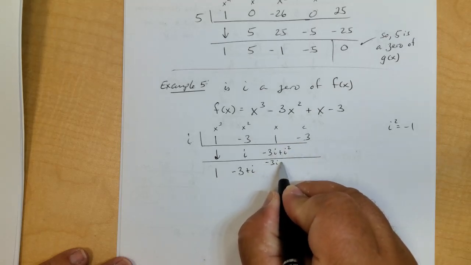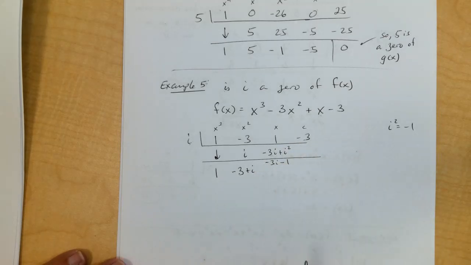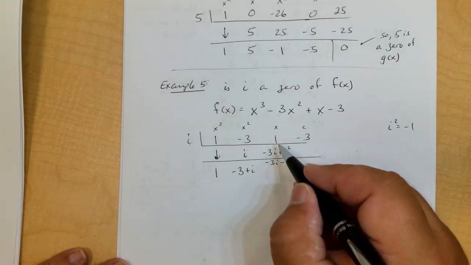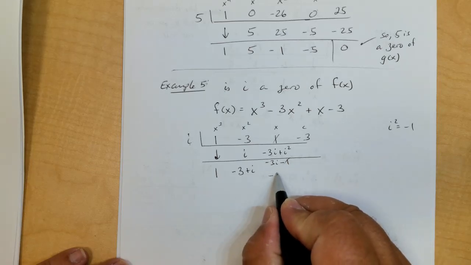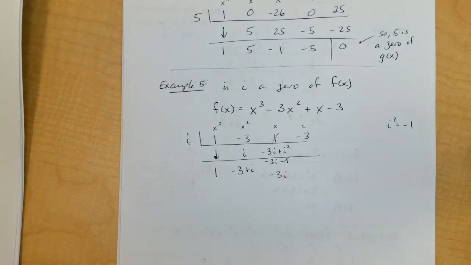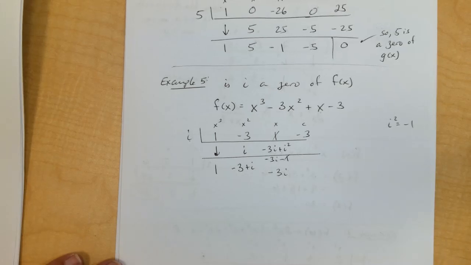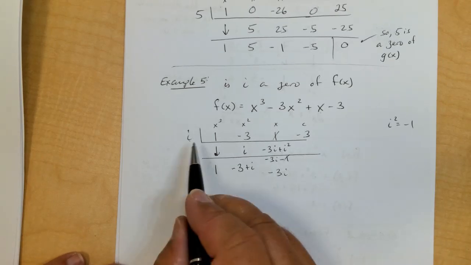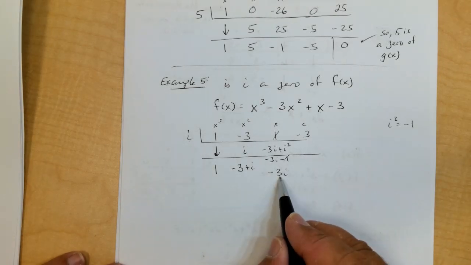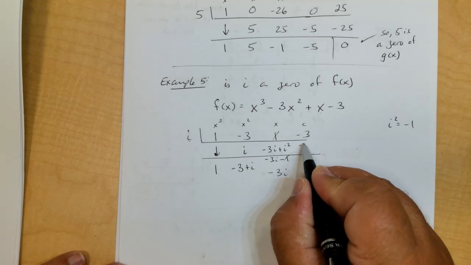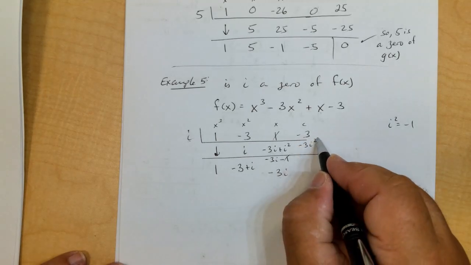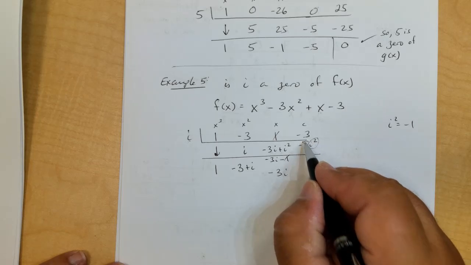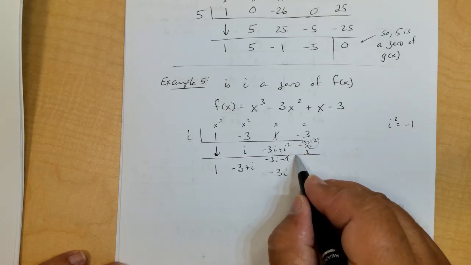Negative 1. So we had 1 plus this. The 1's cancel. So we have negative 3i. i times negative 3i... changes the sign, so it becomes a 3.